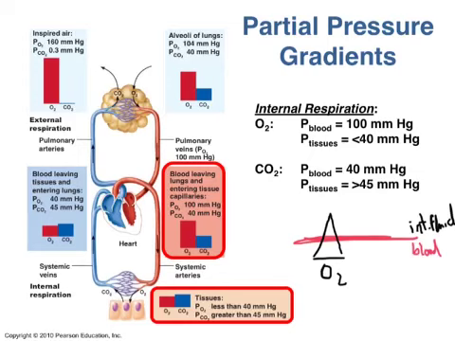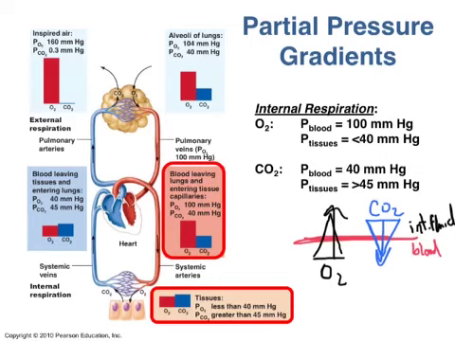So the pressure gradient for carbon dioxide looks like that. Oxygen will tend to move out of the blood into the interstitial fluid, and carbon dioxide will tend to move back into the blood. This is what the exchange looks like at the internal tissues.